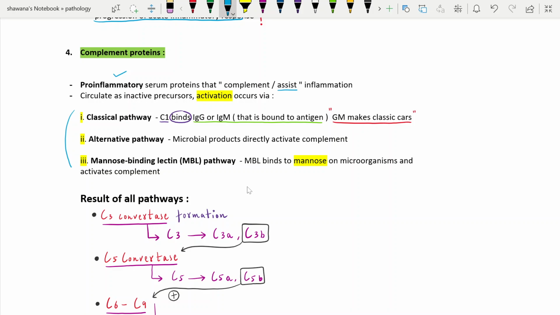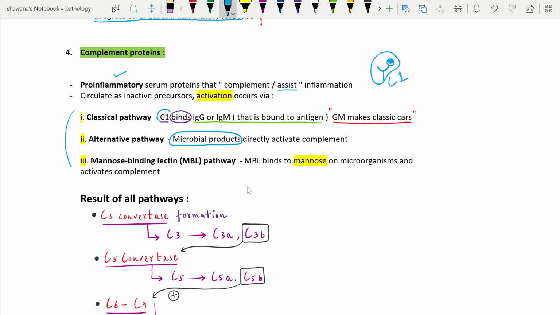In the classical pathway, C1 binds to IgG or IgM that is already bound to the antigen. For example, this is IgG, it is bound to the antigen. When C1 binds to the antigen-antibody complex, it is going to activate the complement system. Second is the alternative pathway, activated by microbial products. The products present on the microbes, for example lipopolysaccharides present on gram-negative bacteria, activate the complement.